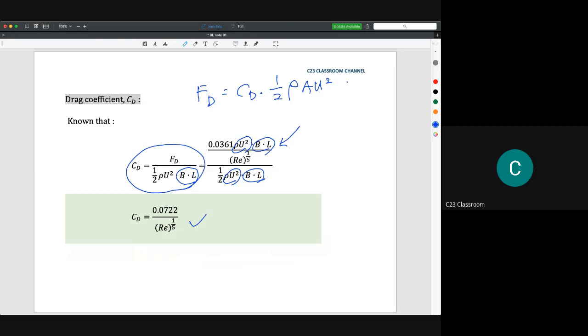So here, please be careful. If you write C with capital D here, this is actually the drag coefficient, which means the drag coefficient for the whole plate. And if you see a C with a small d here, it is about the local drag coefficient.